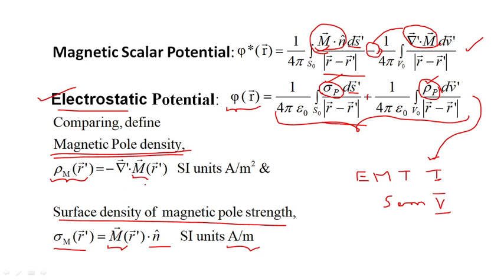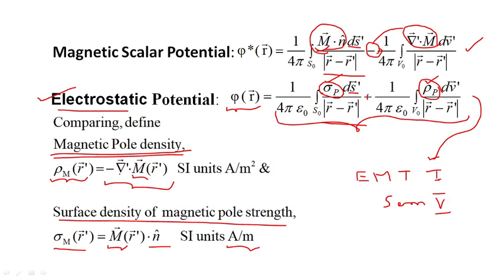In fact, if you know the magnetization of the material, then when you keep the material in an external magnetic field, it will get magnetized. Magnetized means the total magnetic moment will not be equal to 0. For example, if you take an iron piece and keep it in an external magnetic field, it will get magnetized. What is the pole density or surface density? You can use this formula to calculate.